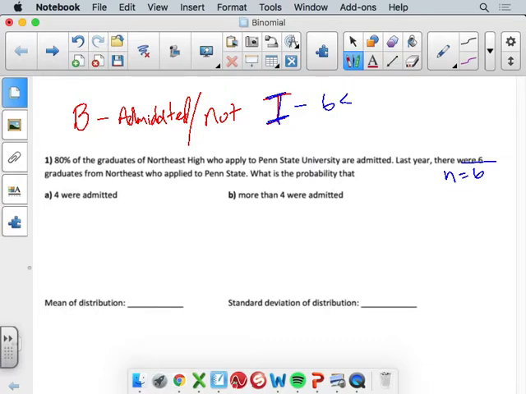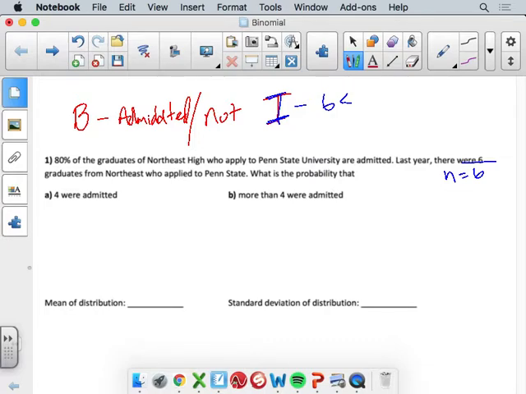This is talking about like all time, like every year there's an 80% chance. So is 6 less than 10% of Northeast high school people who apply to Penn State? So the threshold is like 60. I have no idea how long this high school's been around. We're gonna have to do some assuming here.